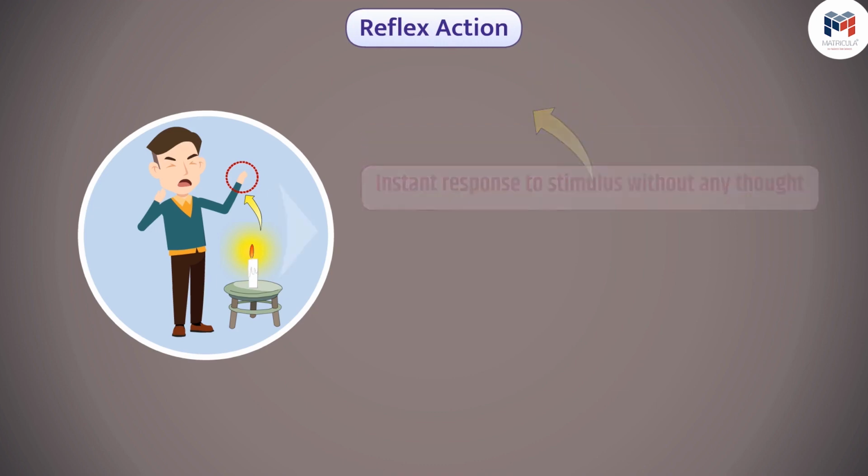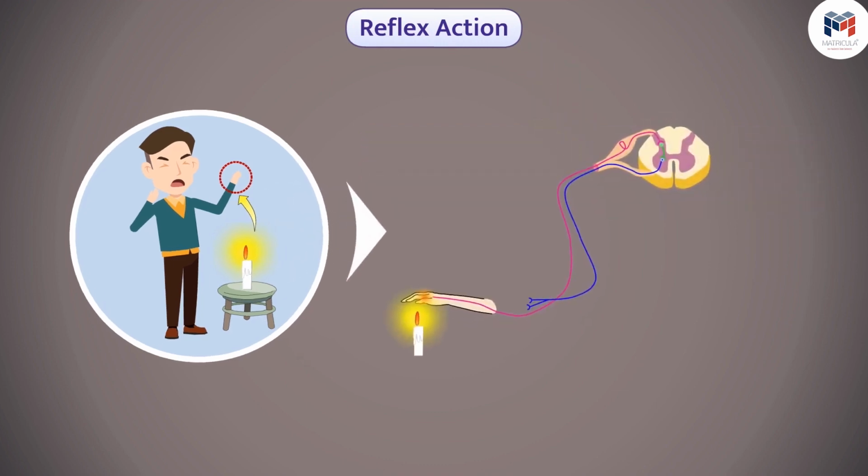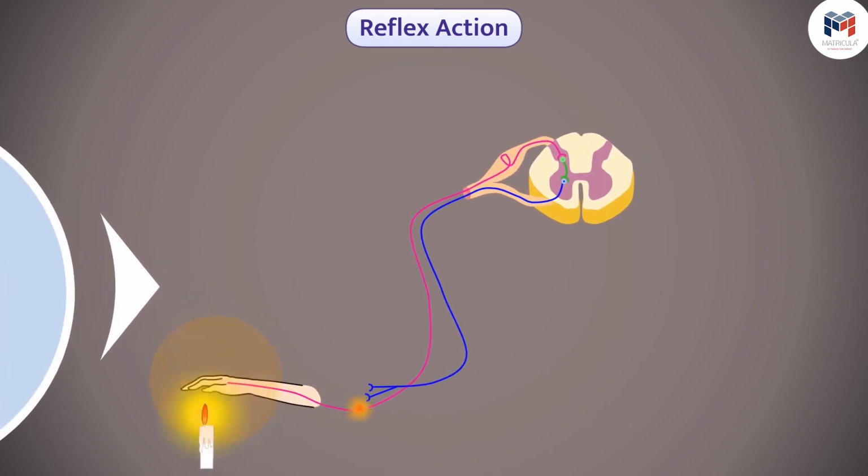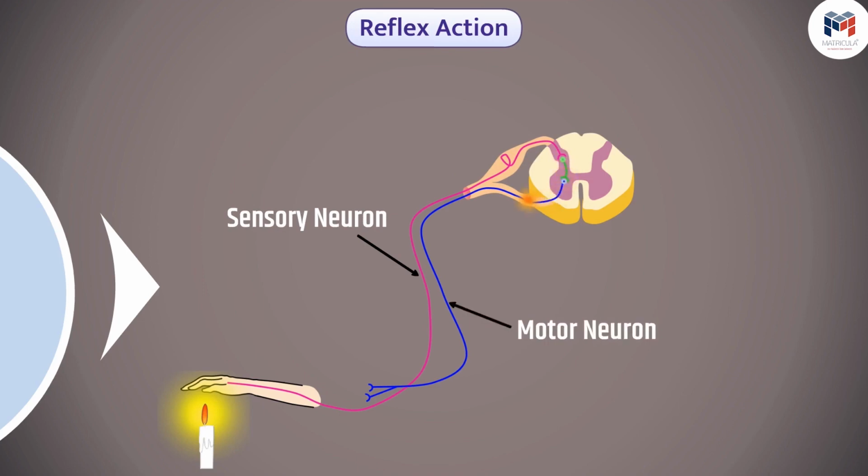During this reflex action, information from the receptor present in our skin reaches the sensory neuron. Information in the sensory neuron is converted into an electrical impulse. This information is transmitted from the relay neuron to the motor neuron.